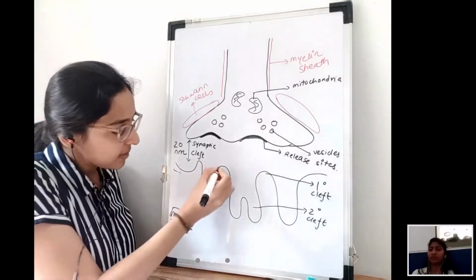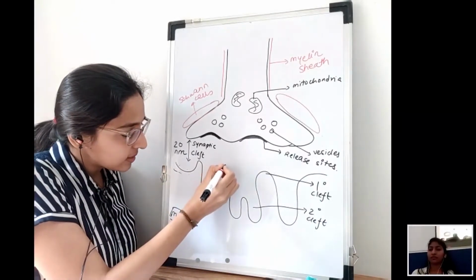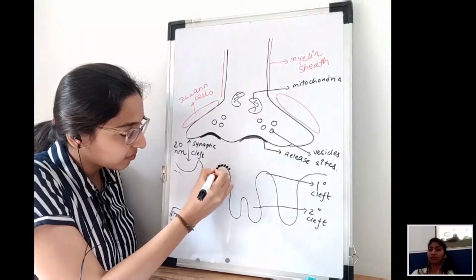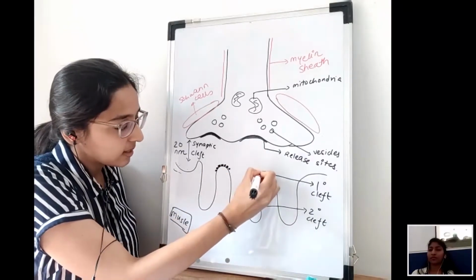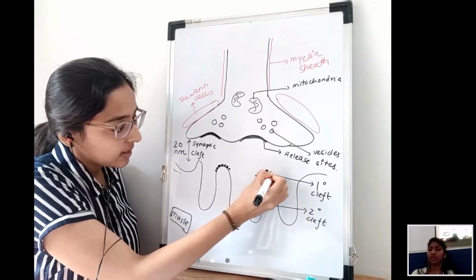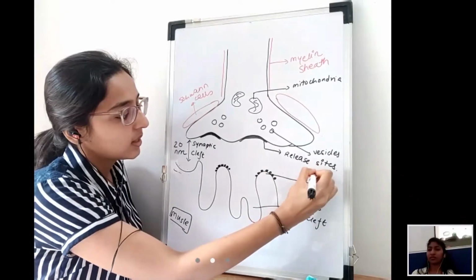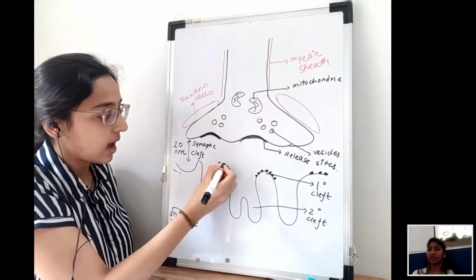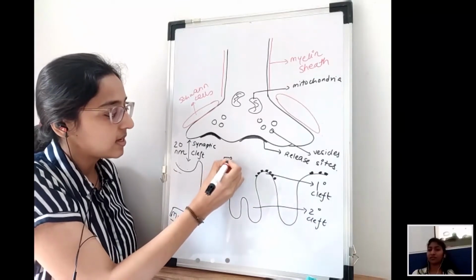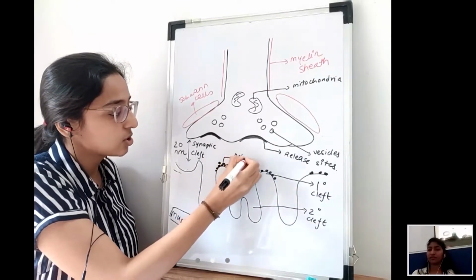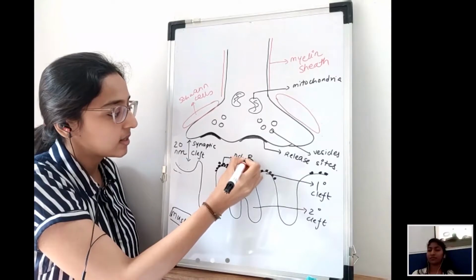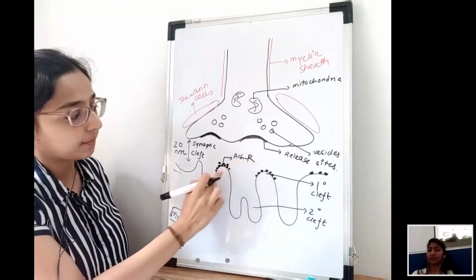So you tell me now, what are these tiny circles that I'm drawing on top of the cleft? Vesicles are up there, no. What are these? Yeah, receptors, correct. So these are the ACHR, the short form for acetylcholine receptor.